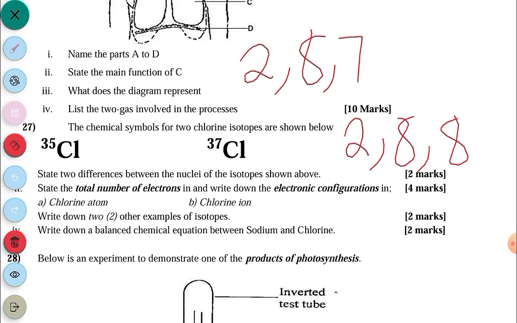Write down 2 other examples of isotopes. We have hydrogen-1, hydrogen-2, then also we have carbon-12 and carbon-13.